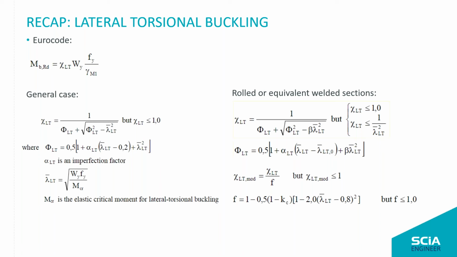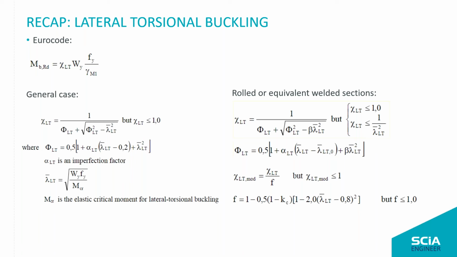We have two cases, one general case where we calculate the reduction factor based on our imperfection factors of the section and an empirical value, and for rolled or equivalent welded sections where we use the same factors, but also some added factor Kc that accounts for the moment distribution along your member.